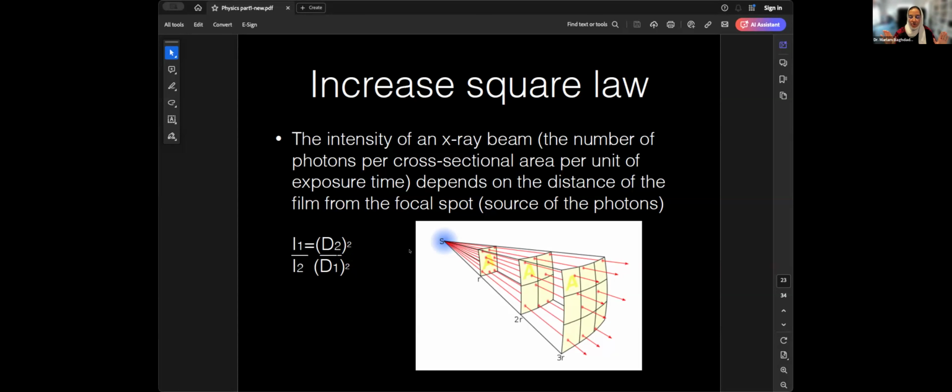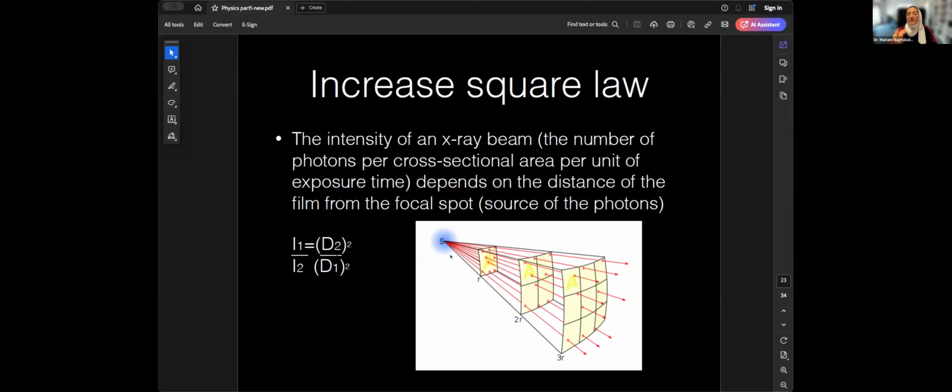The same thing as X-rays. ترى X-rays are very similar to light. The only difference is one penetrates the body and one doesn't. But it's the same concept. فكل ما بعدت, so this is the inverse square law. كل ما بعدت عن الفيلم كل ما intensity of the photons حتقل أو عدد الفوتونز في المنطقة هذه حتقل. That's the only thing you have to understand.